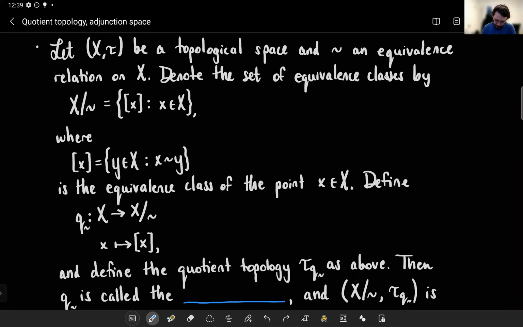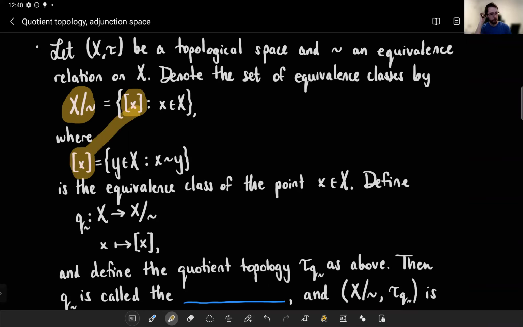So the idea is that if you're given a topological space, which we're calling X, and you're given some equivalence relation, which will be represented with a tilde, then you can always define the set of all equivalence classes, noted X quotient tilde, where this X bar is an equivalence class.